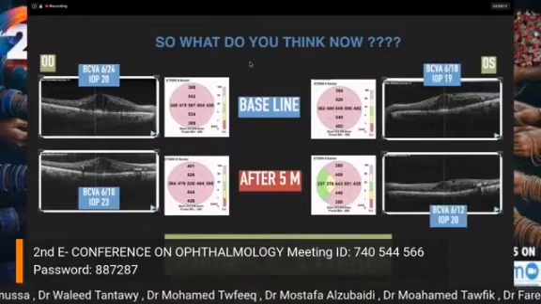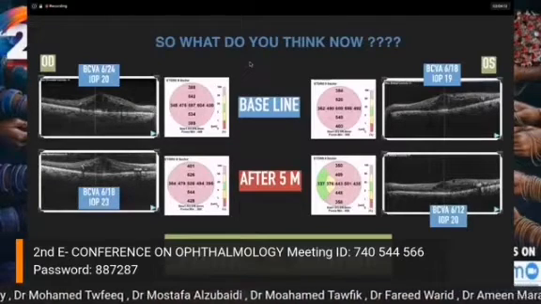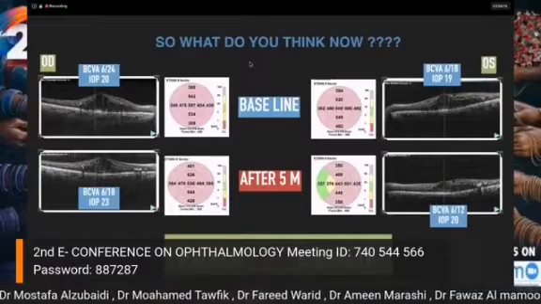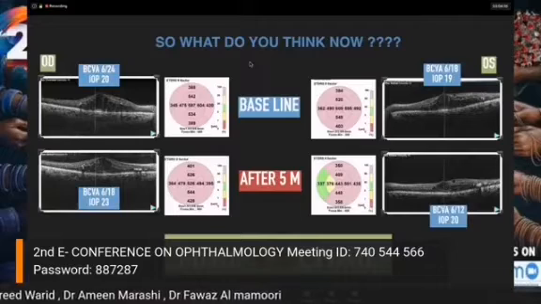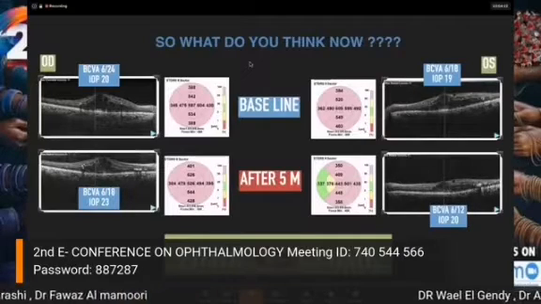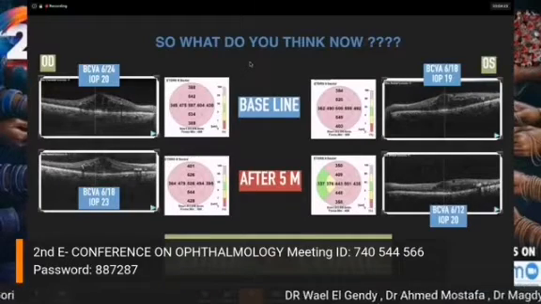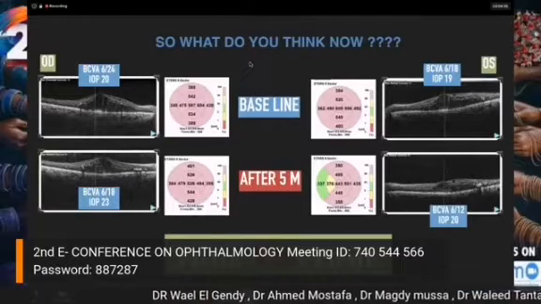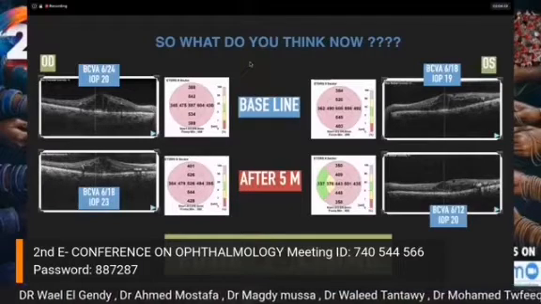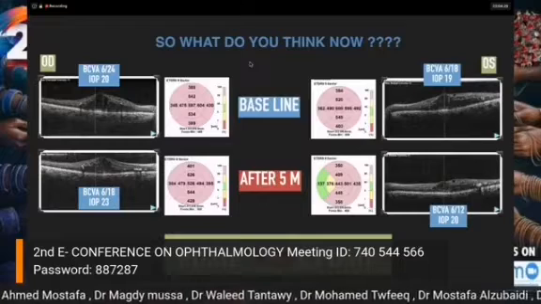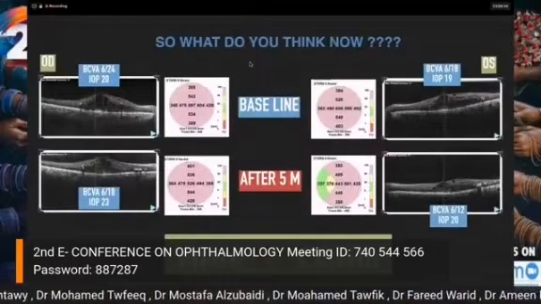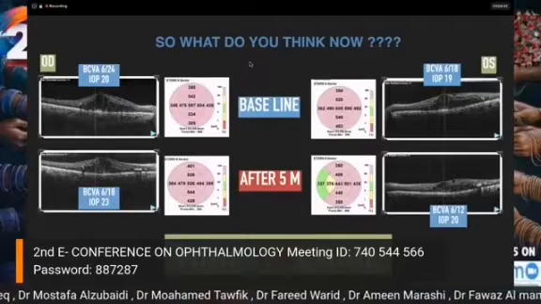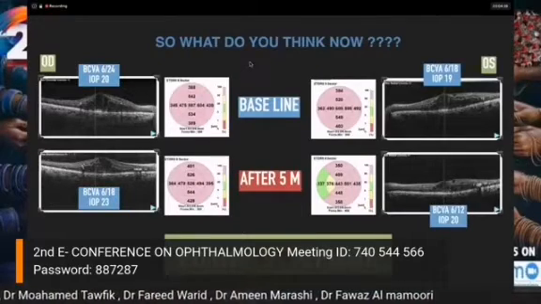If we don't reach 250, we have a response, but there is still macular edema, not reaching 250 micrometers in the central macular thickness. This is persistent macular edema. So what is the difference between persistent macular edema and chronic persistent macular edema? Chronic persistent macular edema is when we have a response of less than 10% from the baseline central macular thickness.